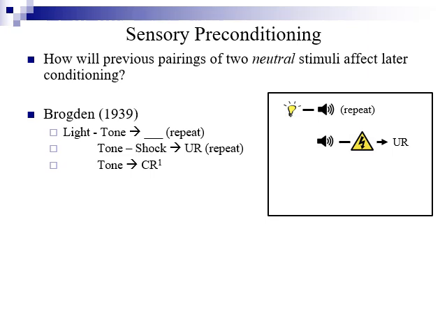They would freeze up. After all of that, Brogden then presented the light. And the question is, what effect did that have? And the answer is, the light produced a fear response.